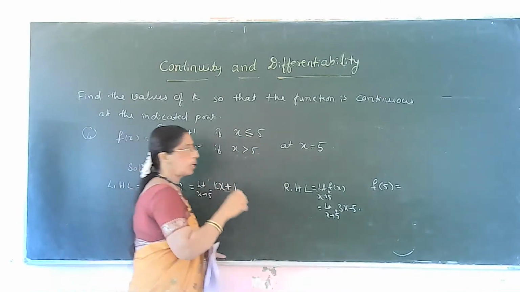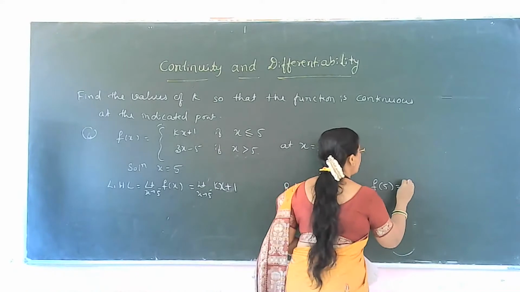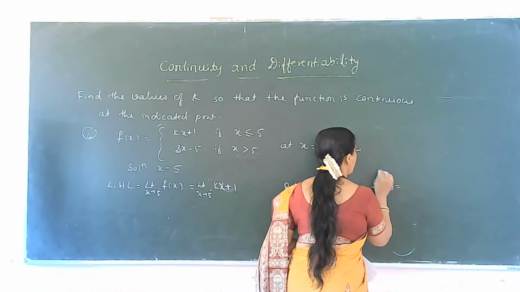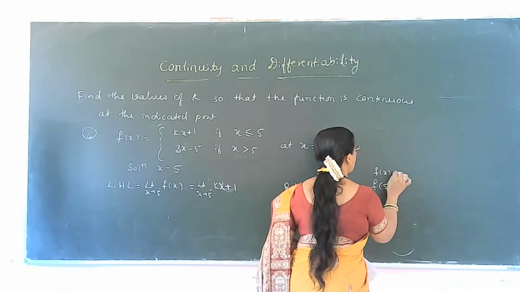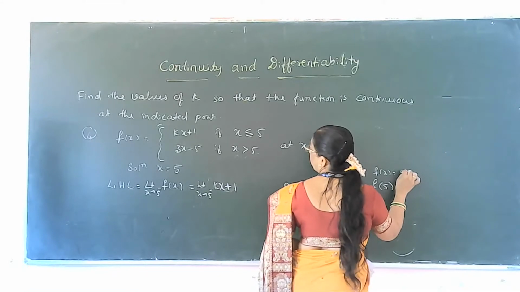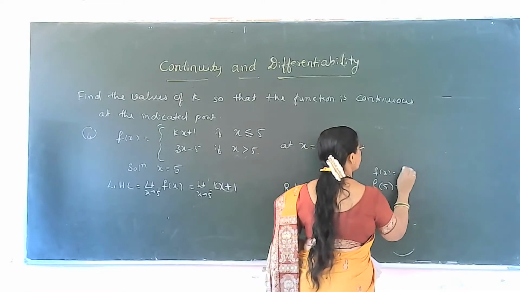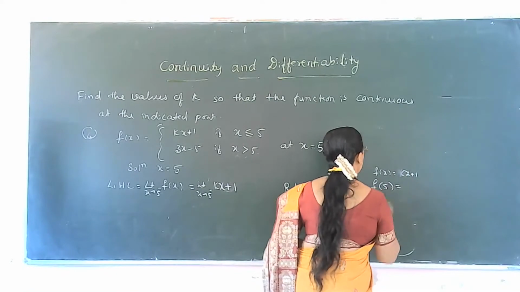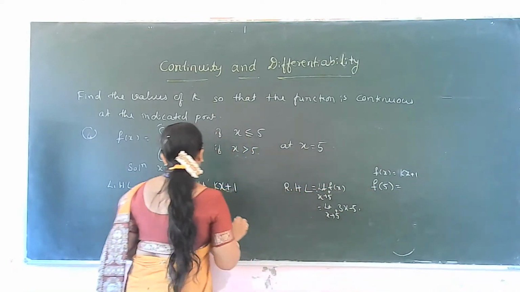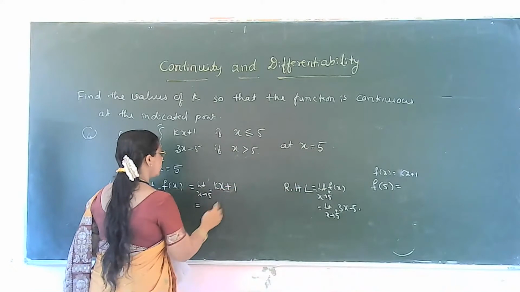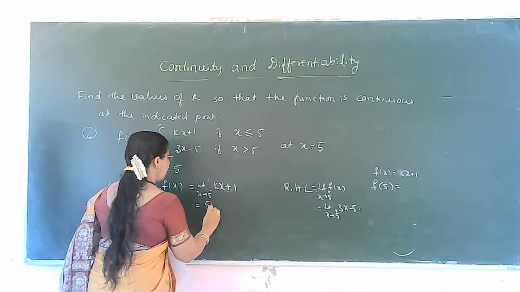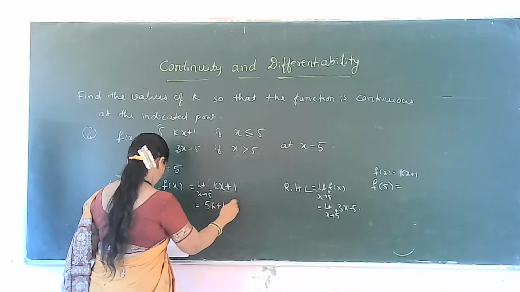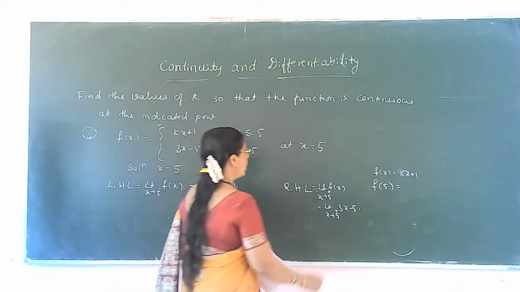The function is kx plus 1. We put the value here. F of x at x equal to 5 is kx plus 1, therefore we put the value: 5k plus 1.